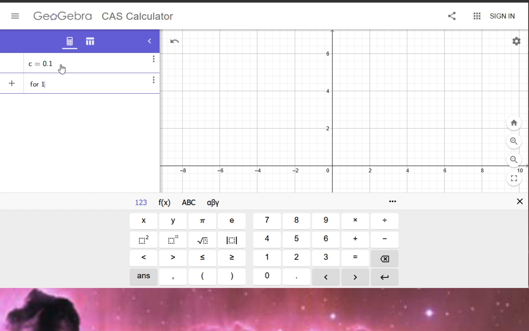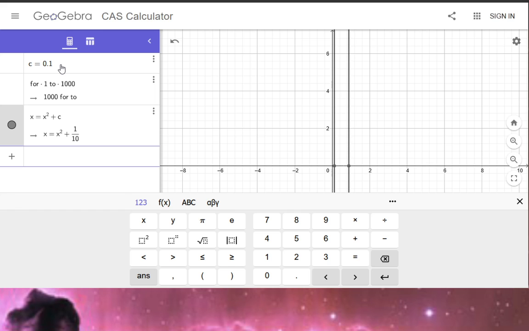For 1 to 1,000, x equals x squared plus c. Next prime. Hi, that's not working out very well.